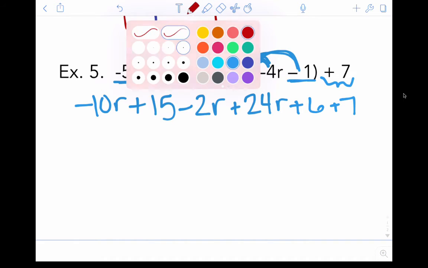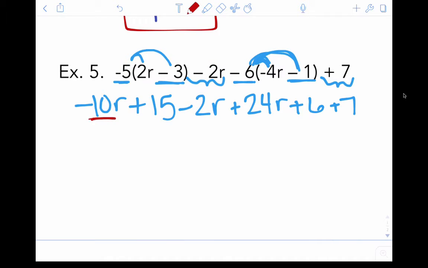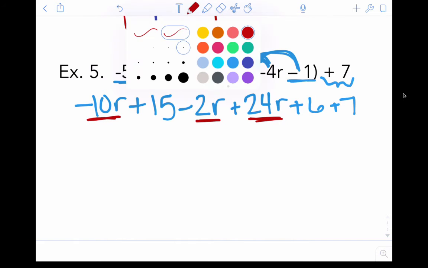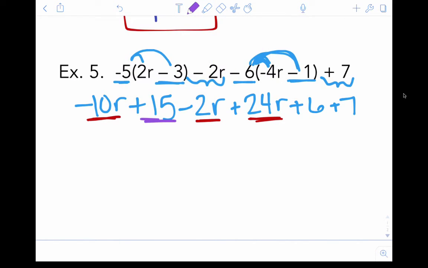So now I have a lot going on here, so I'm just going to notice where my r's are, and where my numbers are. So I'm going to combine my r's, then I'm going to combine my numbers. So I have negative 10r minus 2r, which is negative 12r, and then negative 12r plus 24r is positive 12r.